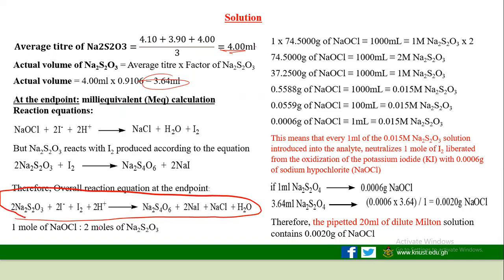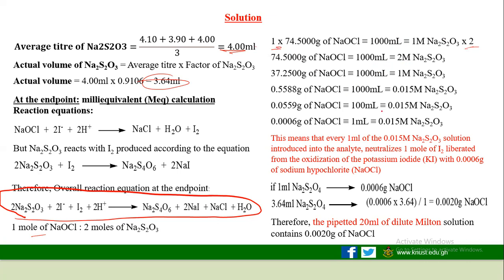This is where we get our mole ratio. And this, we use our mole ratio to get or establish our equivalent calculation. So with the equivalent calculation, the mass of the hypochlorite in 1,000 ml is equal to 1 molar of the sodium thiosulfate. We correct that with the mole ratios here.